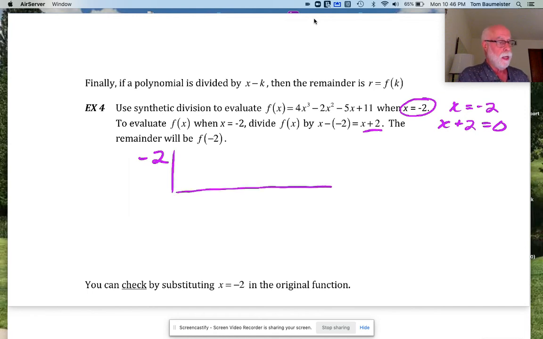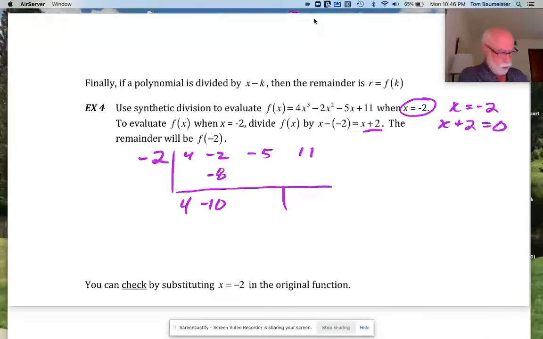So now we're just going to go ahead and do this real quick. So again, same kind of thing. Let's see. We have 4, we have negative 2, we have negative 5, and we have 11. Put that bar in between the two and bring the first one down. Negative 2 times 4 is negative 8. Negative 2 plus negative 8 is negative 10.